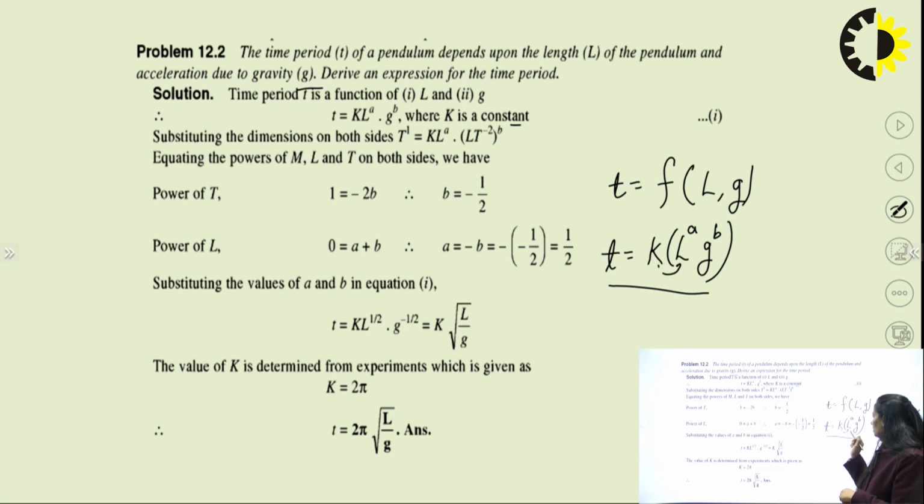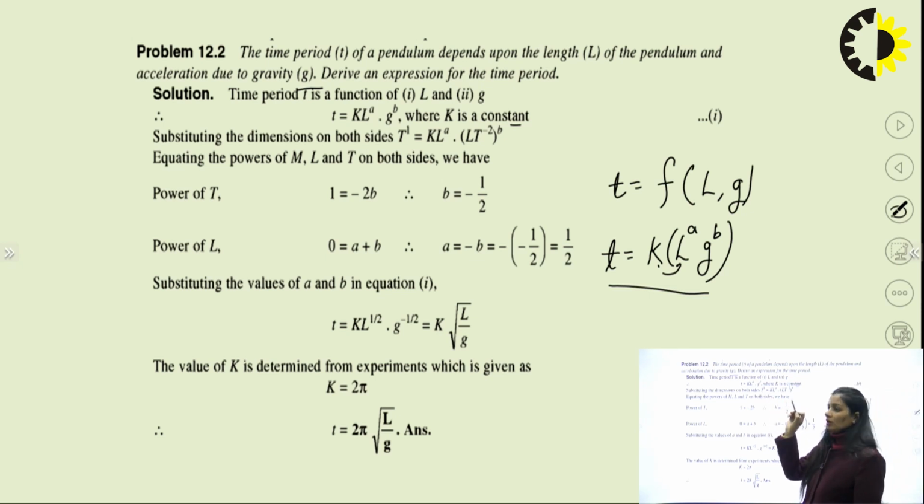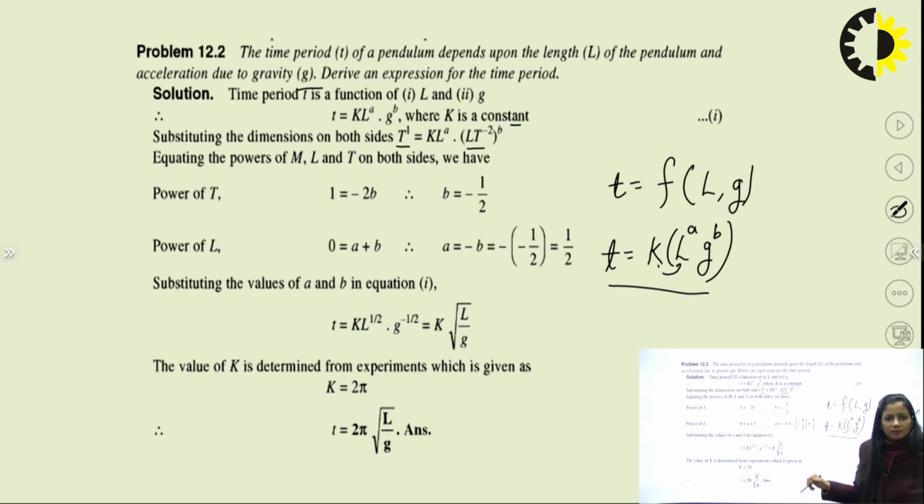Jump to the element L: the dimension of L is simply L. And for g, we have just discussed that the dimension of acceleration is L T to the power minus 2. So writing all the dimensions, T to the power 1 will be equal to k L to the power a, times (L T to the power minus 2) whole to the power b.